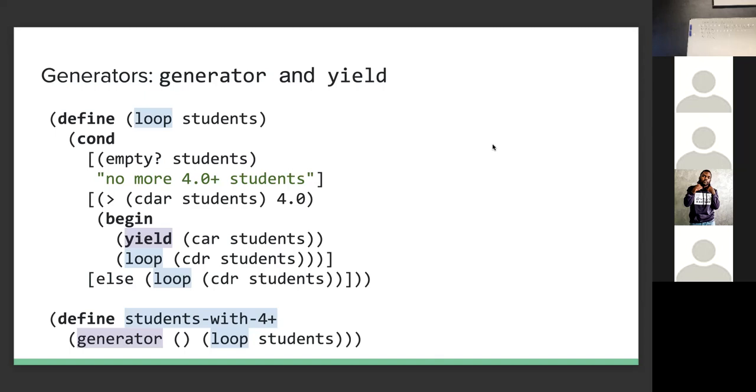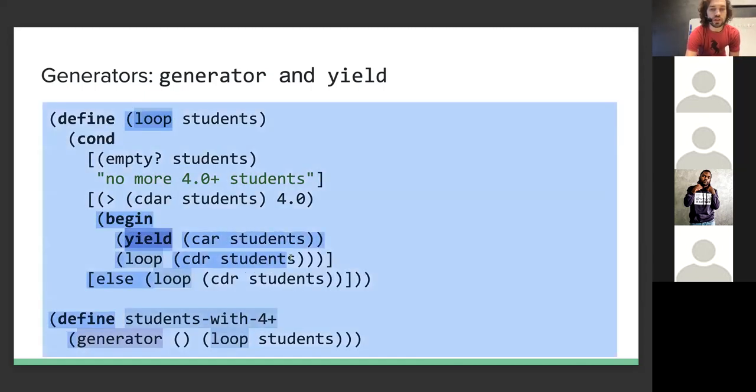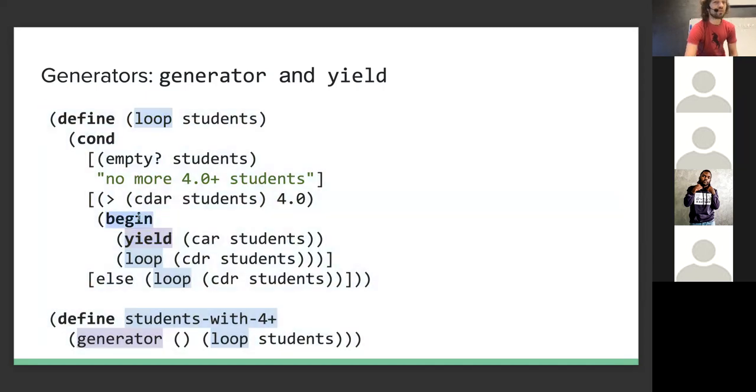Notice the begin, yield, and loop, these 3 lines. Let me maybe highlight them here. So this begin is again a special form that takes several expressions and computes the first one, then the second one, then the third one, one after another.